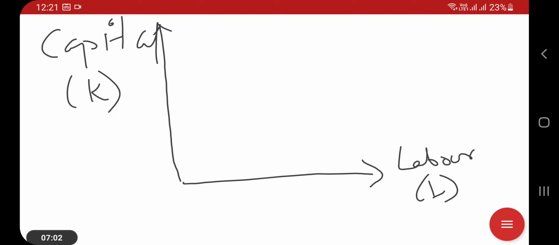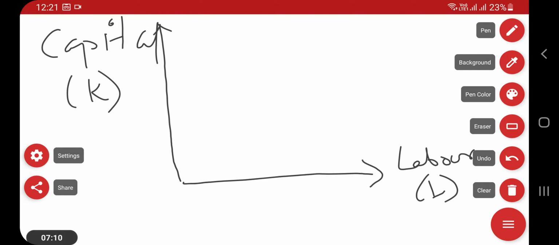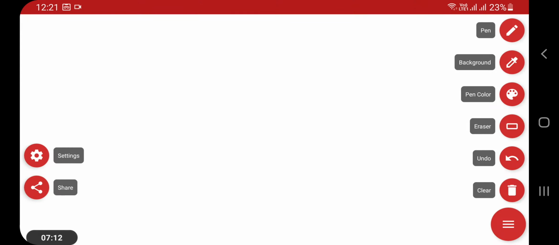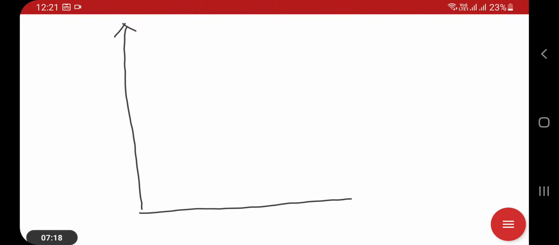The total physical product, if drawn on a graph, will be like this: on the x-axis we have labor, on the y-axis we have capital.